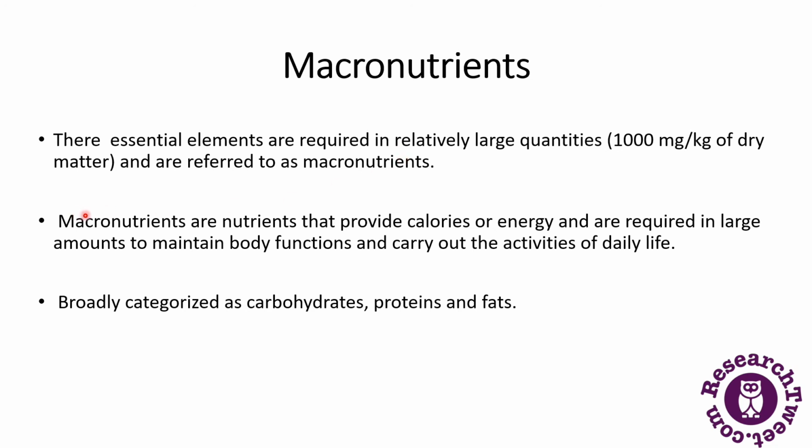The macronutrients are the nutrients that provide calories or energy and are required in large amounts to maintain body functions, and they carry out the activities of daily life. Macronutrients are broadly categorized into three categories, carbohydrates, proteins and fats.